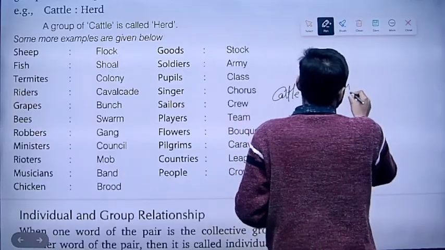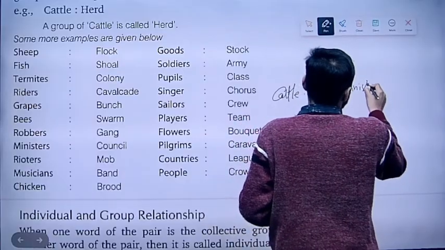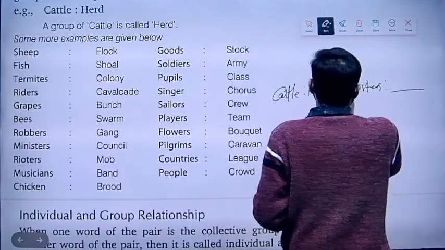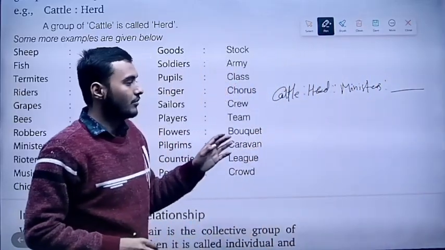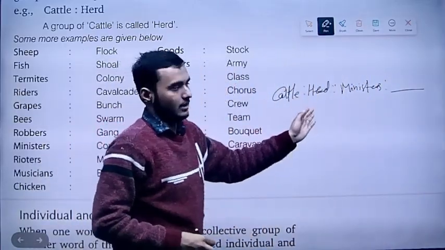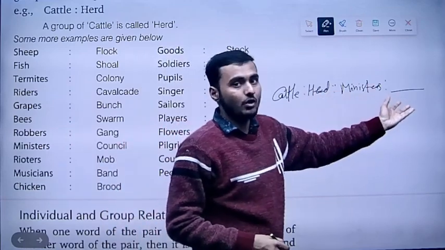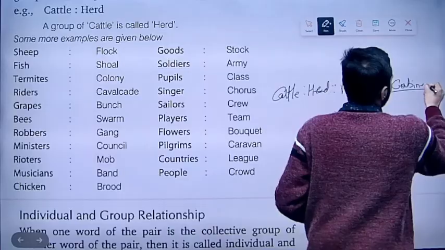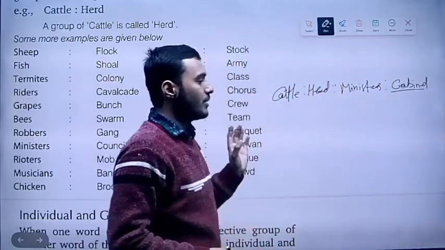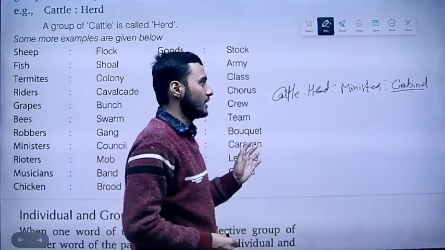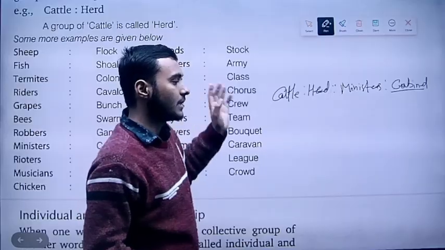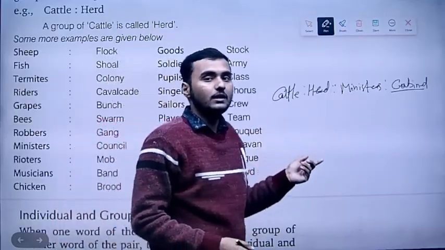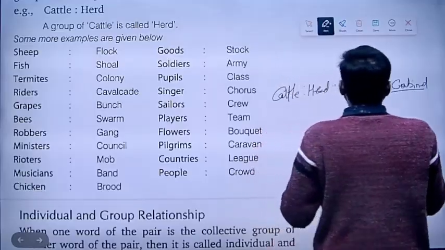A group of cattle is known as a herd, so a group of ministers is known as what? Cabinet. So the answer will easily be cabinet. Always, before solving an analogy type question, we have to see the pattern of reasoning, what is going on in the question, and then we can clearly solve each and every given question.